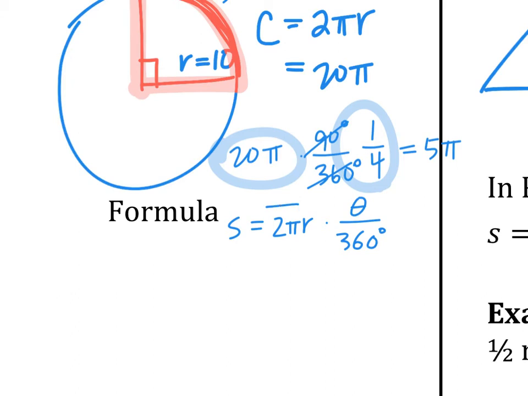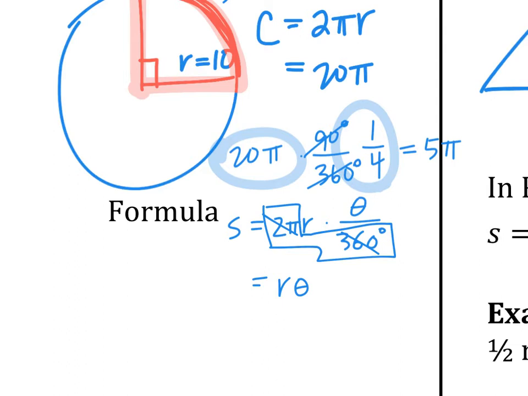Now, remember that 2 pi is 360 degrees. One circle is 360 degrees. A circle is also 2 pi. So that cancels out, and this part is just 1. So then this is r theta. This is the formula.